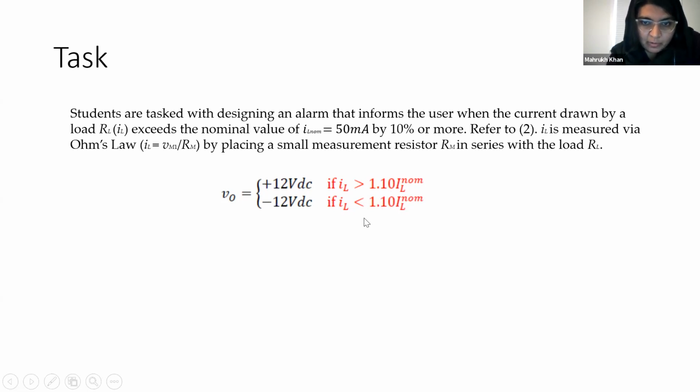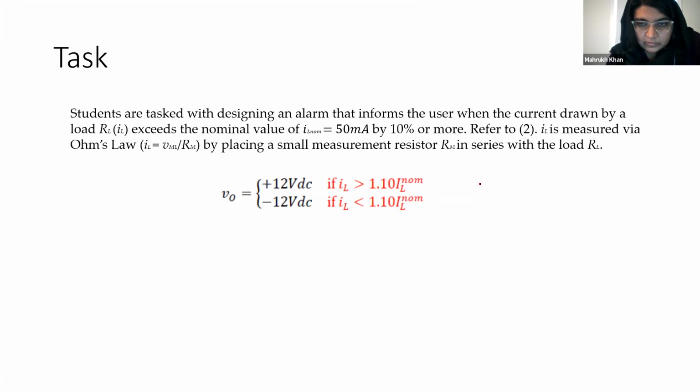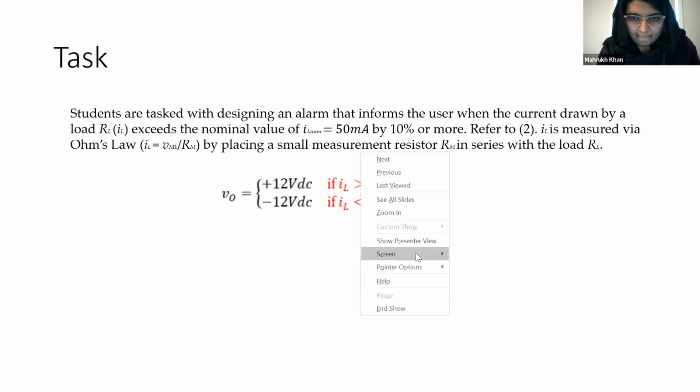Why are we multiplying by 1.1? Because it's like... what is this? Why is it not writing? One minute.